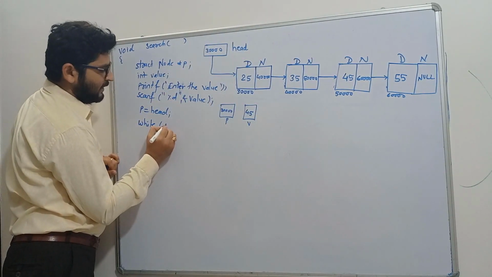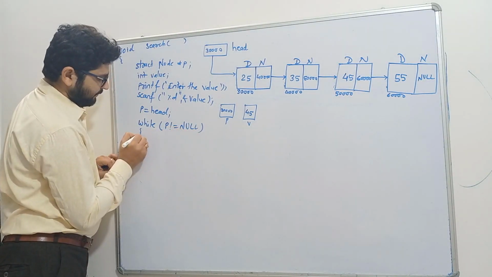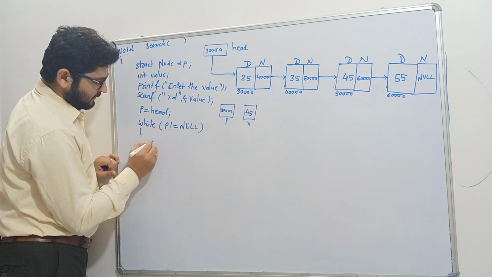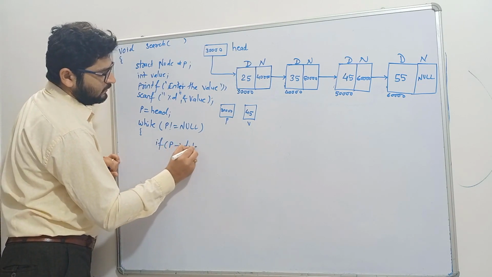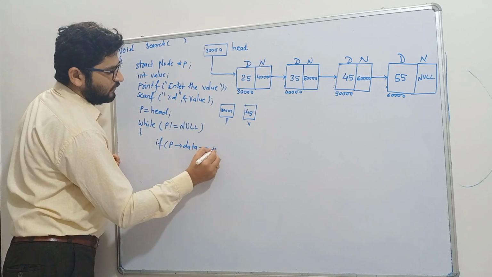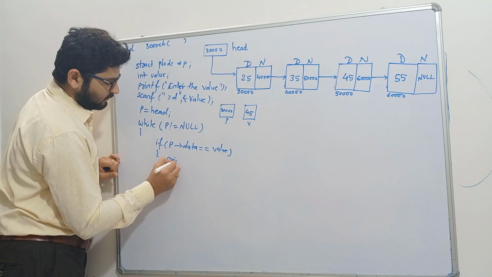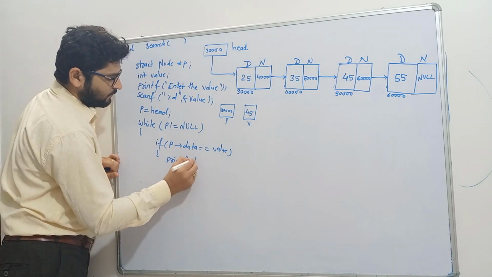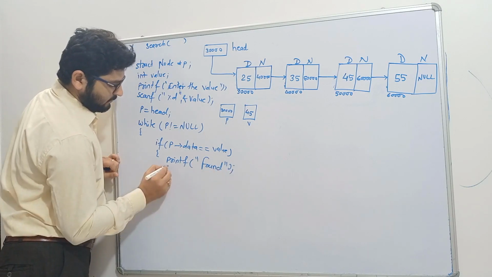So while p is not equal to null, if p arrow data is equal to value, then printf the value is found, and break.